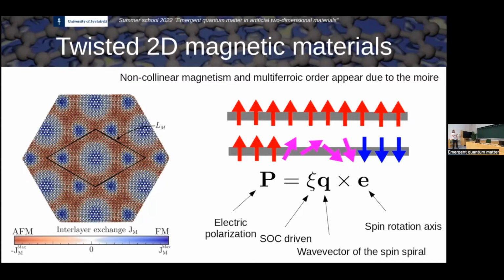We have a spin rotation axis, and if this cross product is non-zero, we essentially get an electric polarization. So in other words, you start with a two-dimensional magnetic material that has collinear magnetization, and when you twist two of these, you get two things. First, non-collinear magnetization, and the other one, ferroelectric order, starting from a material that doesn't have either of the two.